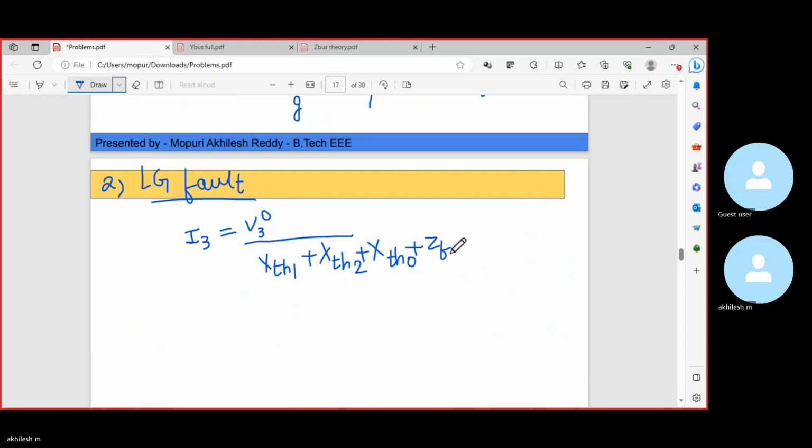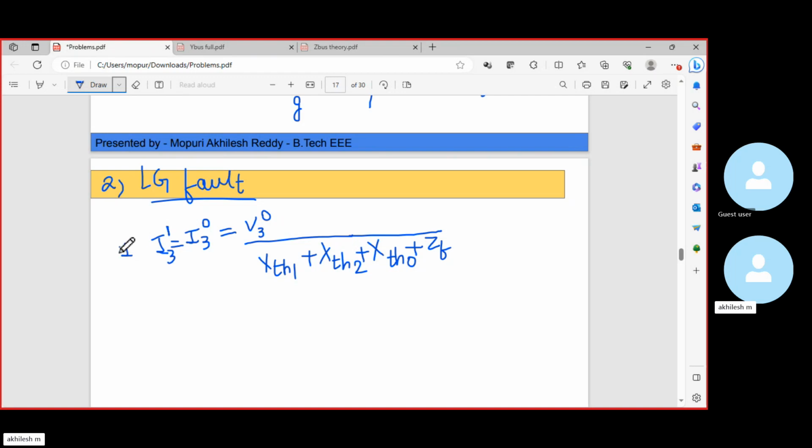You may get a doubt that this is the fault current. The fault current also will have zero sequence, positive sequence, and negative sequence. So this is the fault current for zero sequence. The same value will be the fault current for positive sequence, I31, and the same value for I32 also.